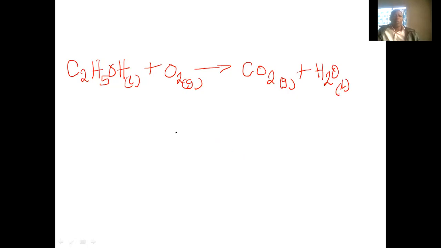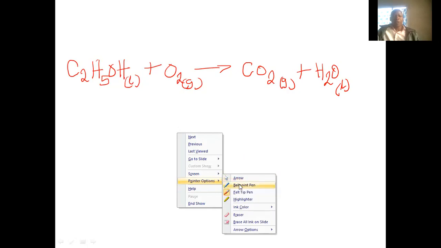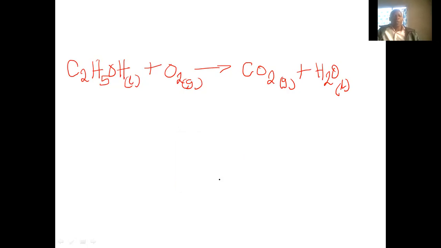And so when we are asked to balance an equation, we are looking at the number of atoms for each of these elements. We can start with the carbon here. You notice that the number of atoms in the ethanol is 2.